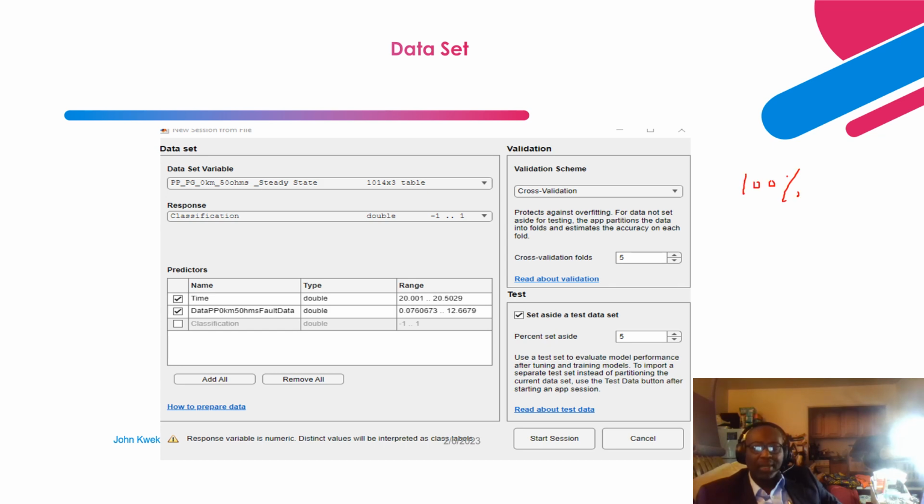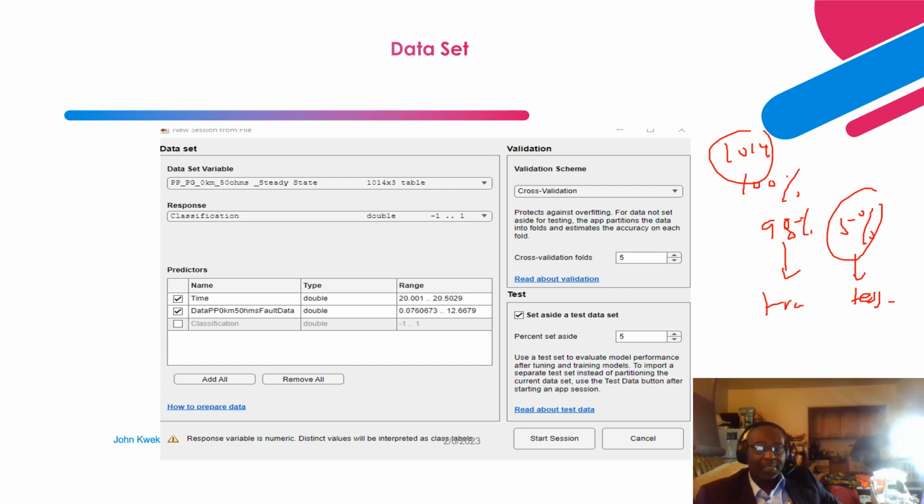So this one I have a total data of 114. Out of that, I want to train 90% or 95% and set aside 5% of the data for my testing set. This is for training and this is for testing.